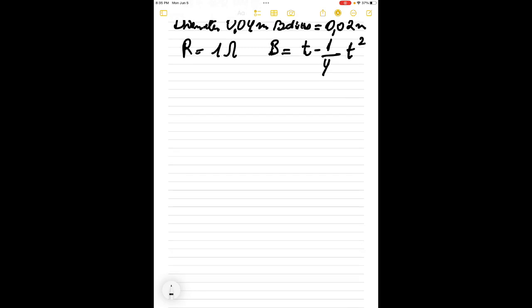So first things first, we need to know what the magnetic field is from 0 seconds till 4 seconds. When time equals 0, magnetic field is 0. When time equals 1 second, magnetic field equals 1 minus 1/4 times 1 square.